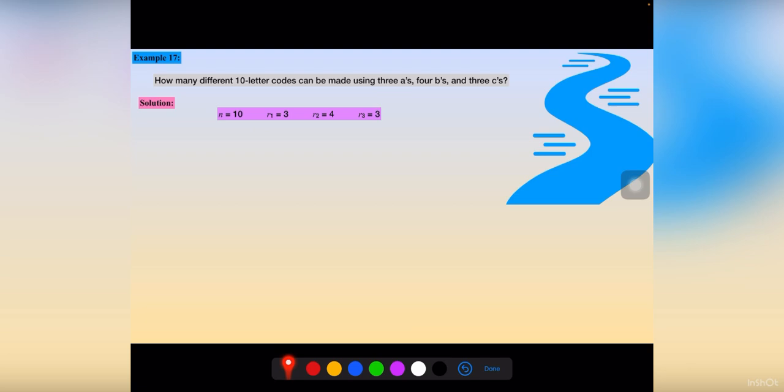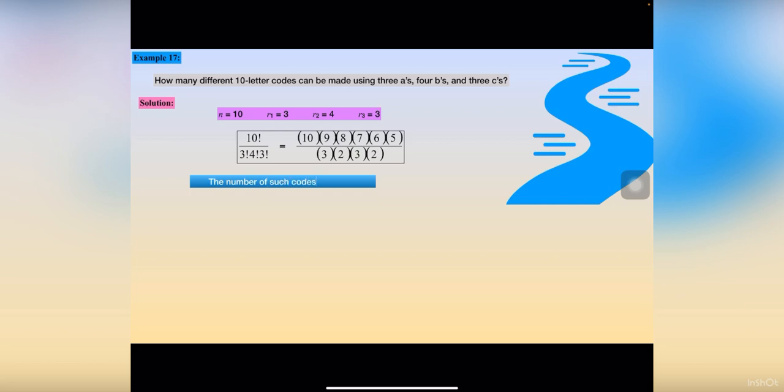R2 equals 4 for the 4 B's, and R3 is 3 for the 3 C's. So the number of 10-letter codes is 10 factorial over 3 factorial times 4 factorial times 3 factorial. And then the number of such codes is 4,200 ways.